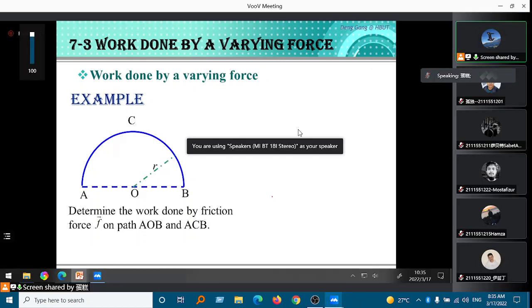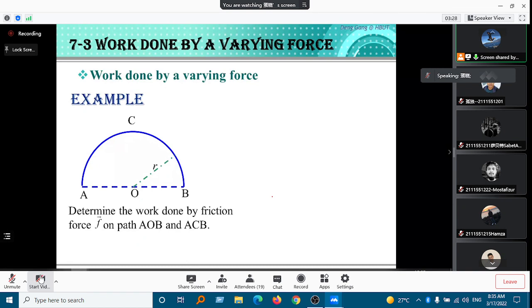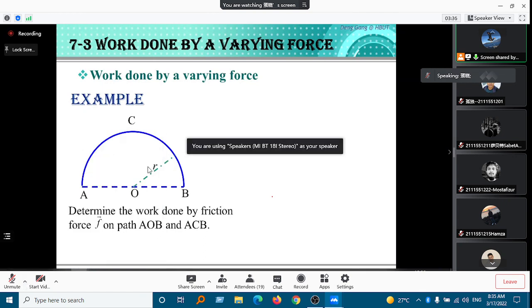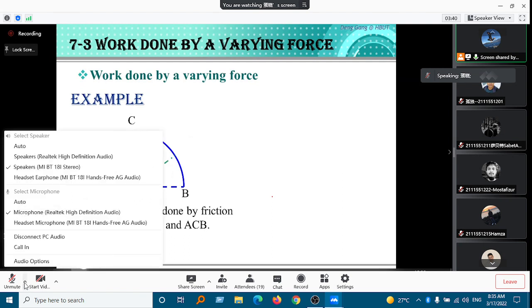It's always in the opposite direction of the velocity. So the magnitude is constant, but that means it's still a varying force because force is a vector.